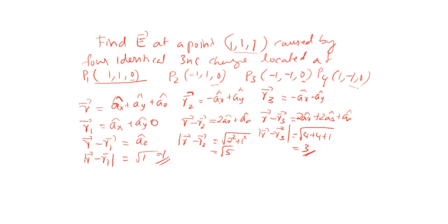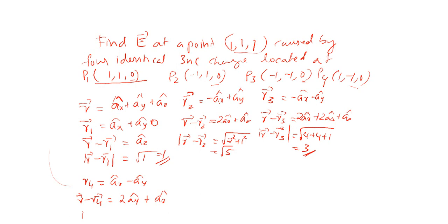And the last one, r minus r4. R4 is how much? 1 minus 1, so ax cap minus ay cap. So vector r minus r4 is nothing but 0 ax, ay minus minus ay, so 2 ay cap plus az cap.